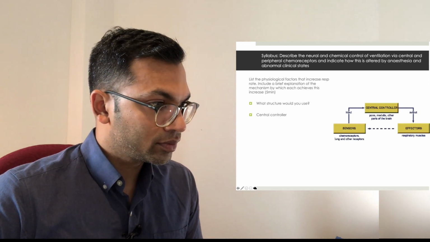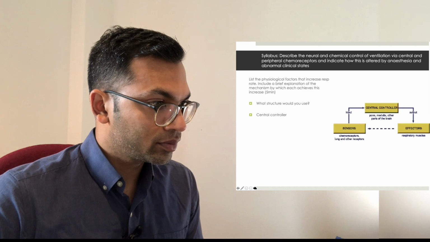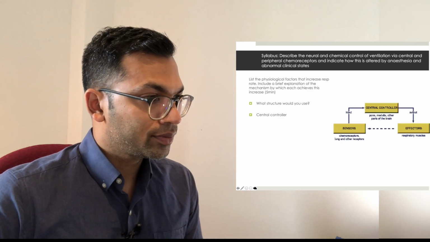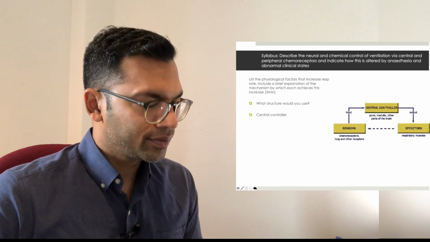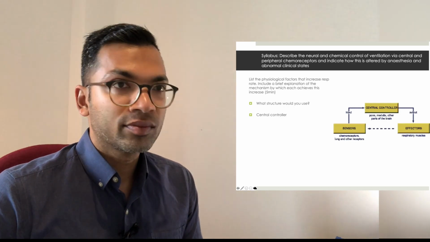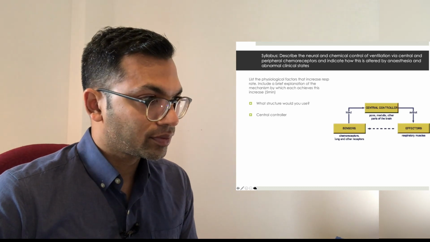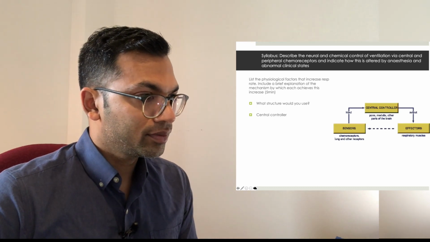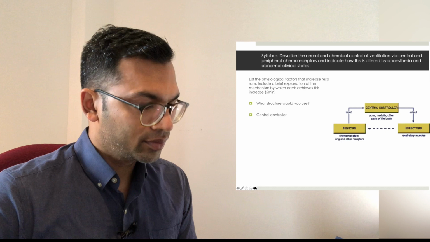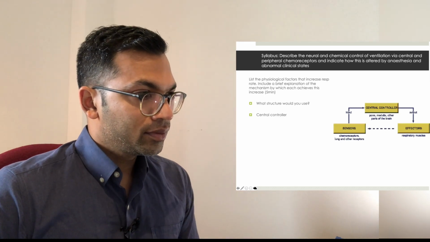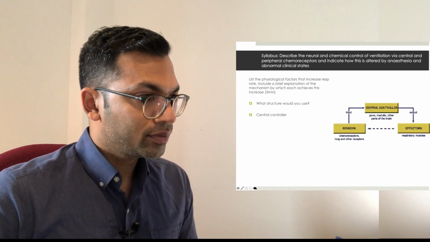So the way that it causes an increased respiratory rate is that the CO2 diffuses across the blood-brain barrier, which under normal circumstances is not permeable to H+ or HCO3 ions. It then, through the action of carbonic anhydrase, is converted to H2CO3, which dissociates to H+ and HCO3.